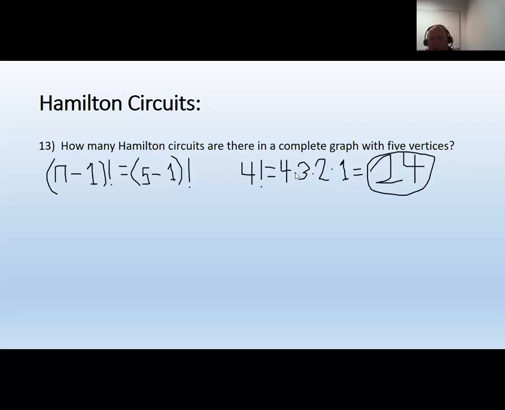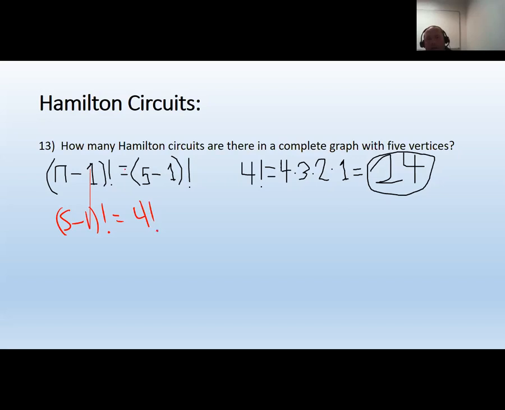So n is 5. That's how many vertices there are in the complete graph. And the formula to find out how many Hamilton circuits there are is to just take 5 minus 1 factorial. But that's basically 4 factorial.